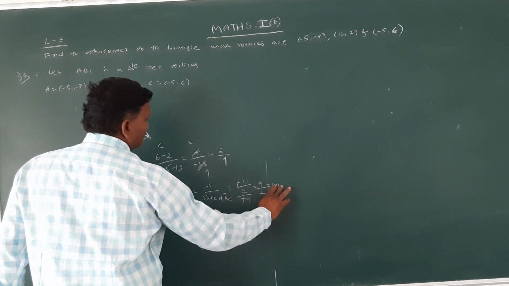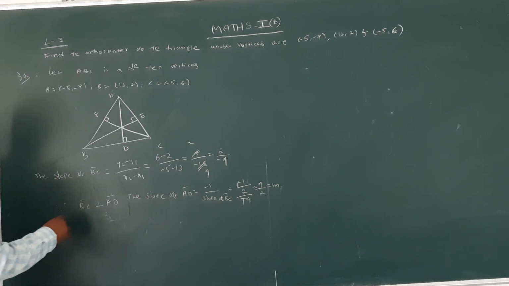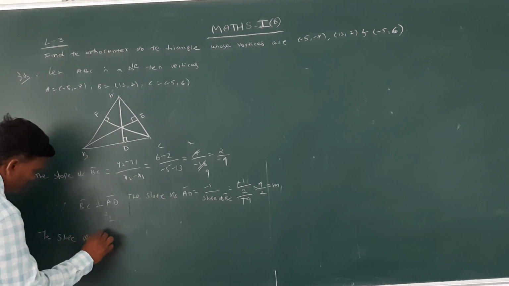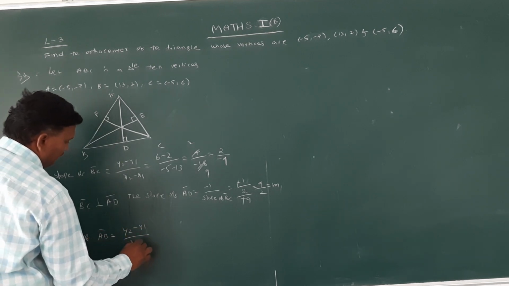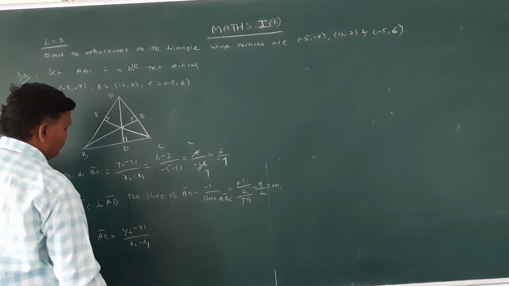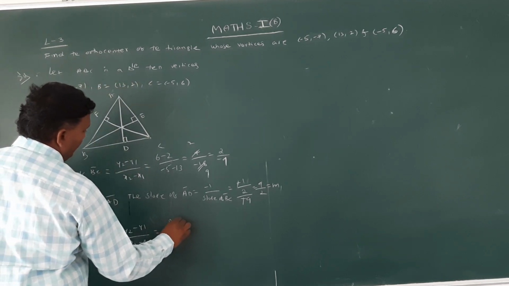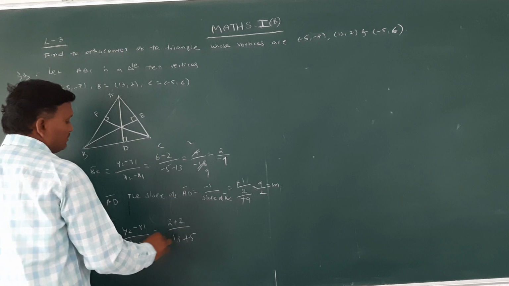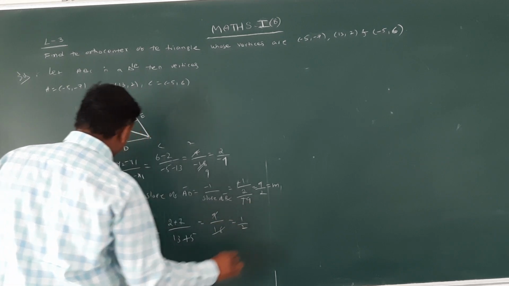Next, the slope of AB. The slope of AB is equal to y2 minus y1 by x2 minus x1, which is 2 plus 7 by 13 plus 5, that is 9 by 18, which is 1 by 2.